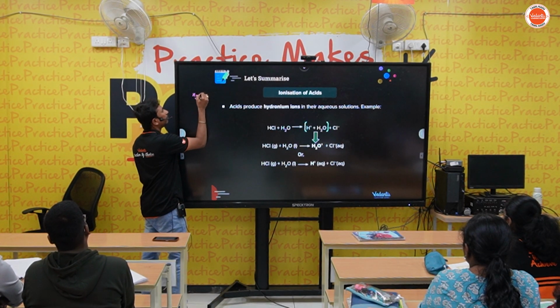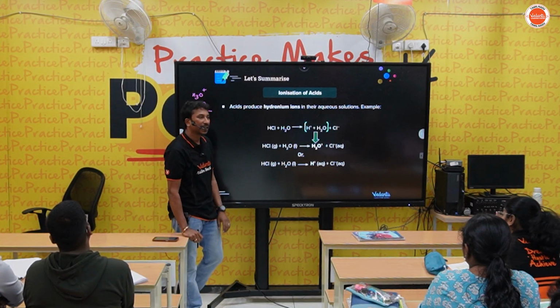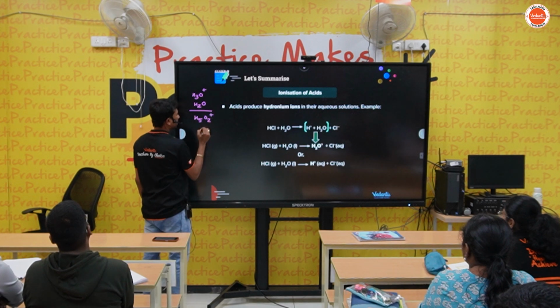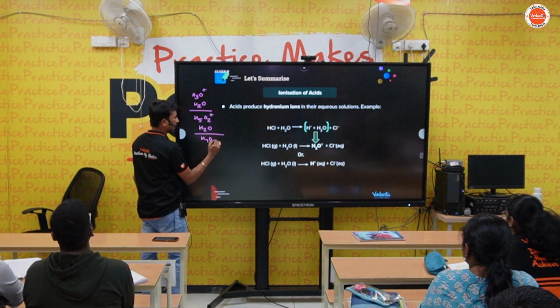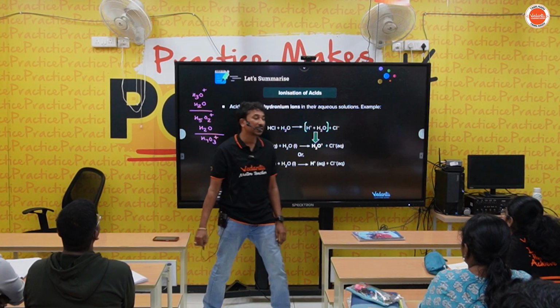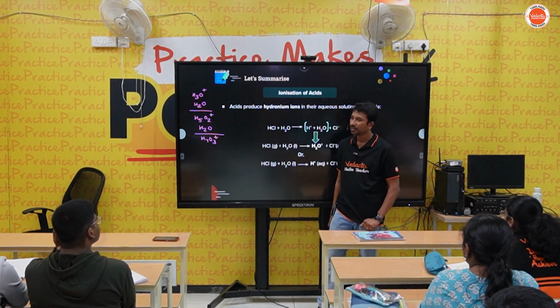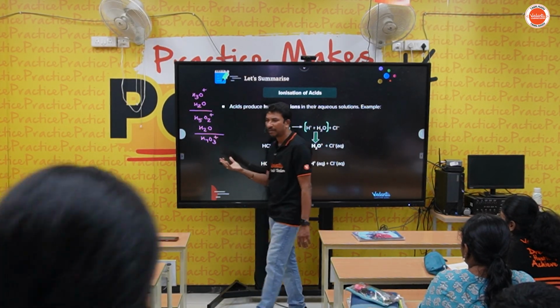Hydronium ion will further combine with water. What format will it exist in? H5O2 plus, and it can also combine with further molecules and exist as H7O3 plus, and you can even add some more water molecules to it, right? No, it's just hydrated, it's just solvated, there is no name for it.